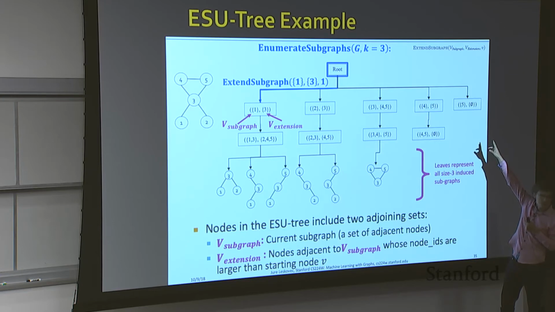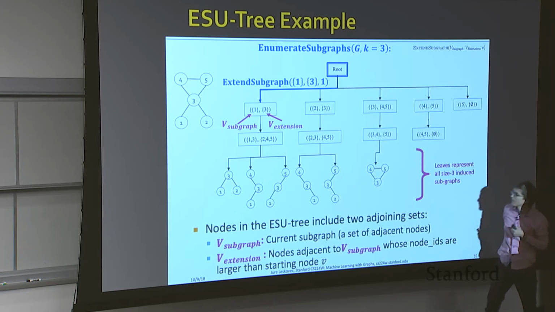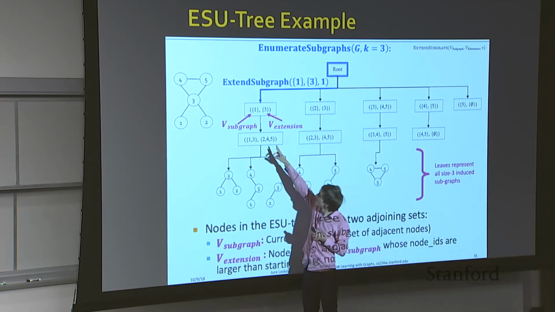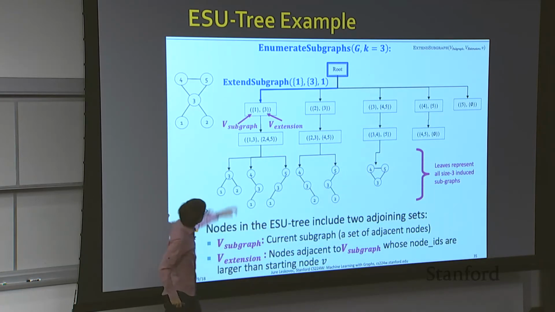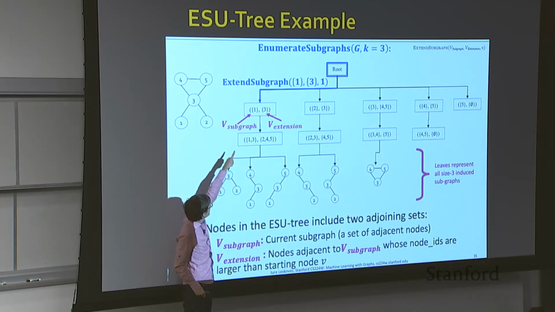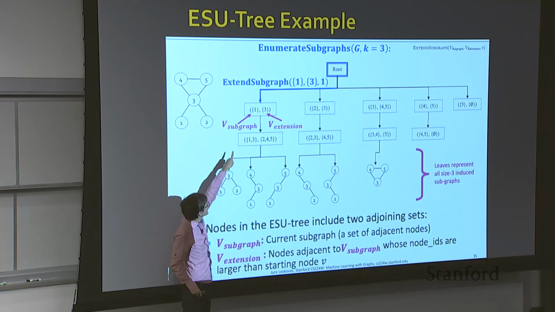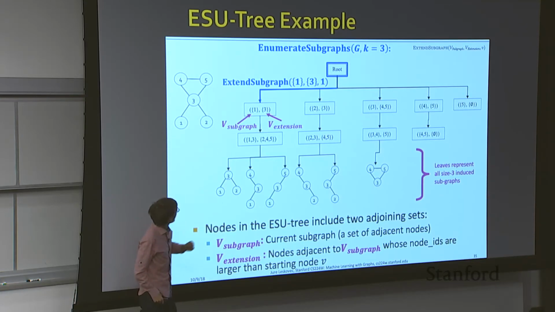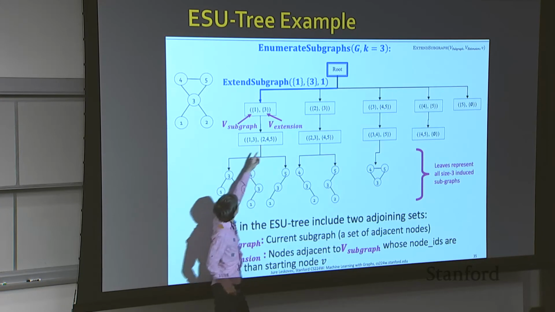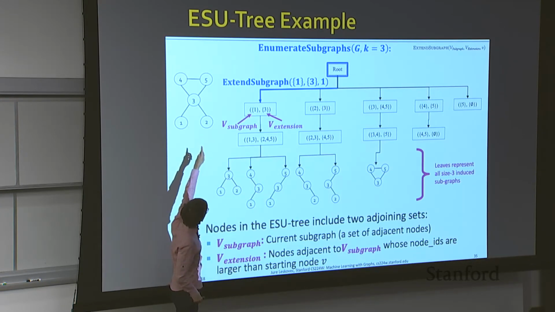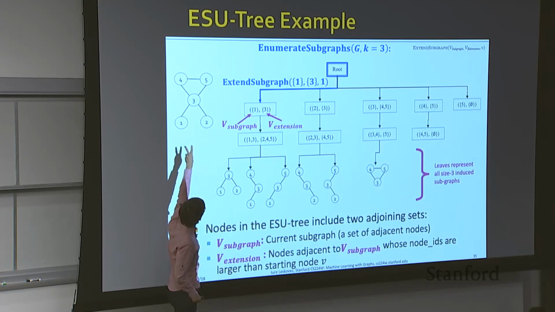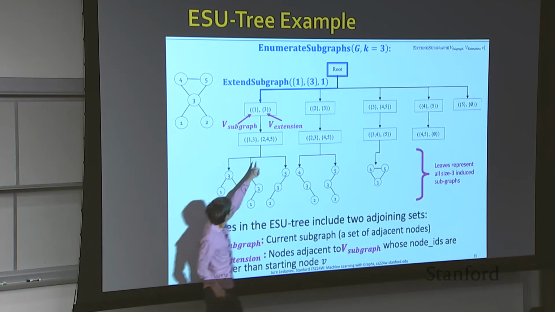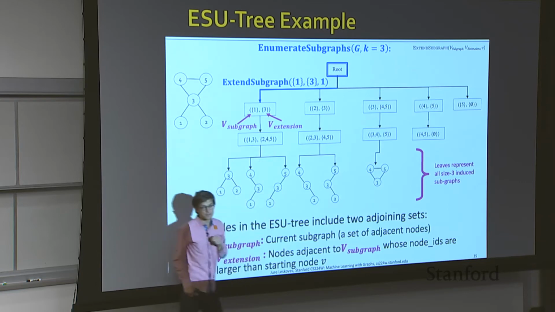So V extension is empty, so nothing happens here. Okay? So now that I'm here, I say, okay, let's add node number 3 into my subgraph, and let's compute the new extension. And the new extension set would now be the neighbors of node 3 that are not part of the current subgraph and that have IDs greater than 1. So this would be 2, 4, and 5, right?